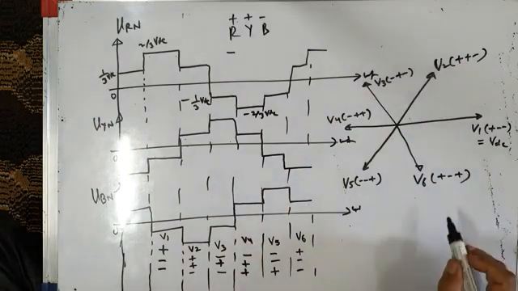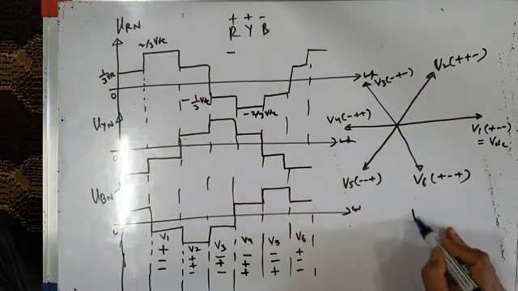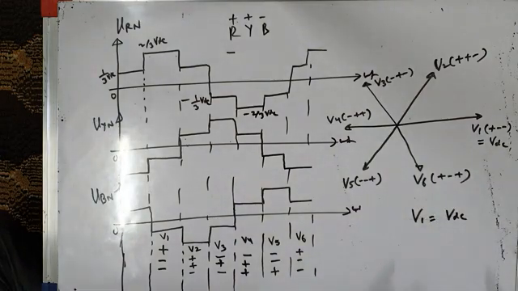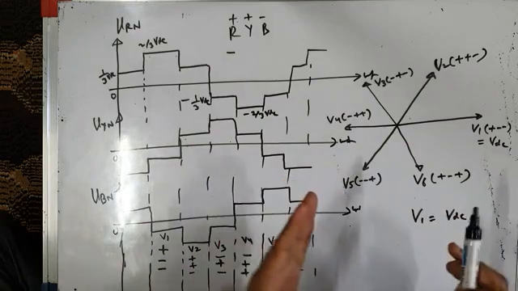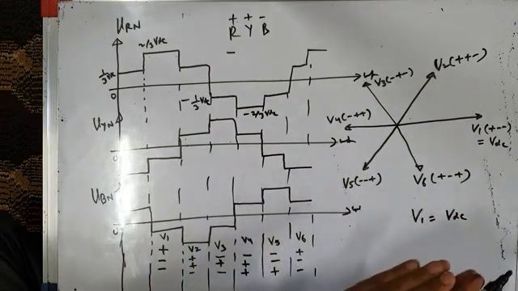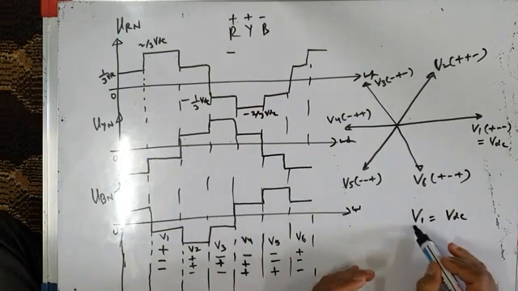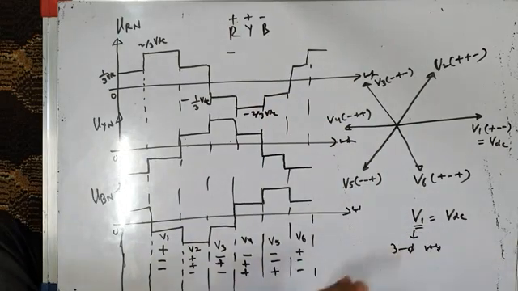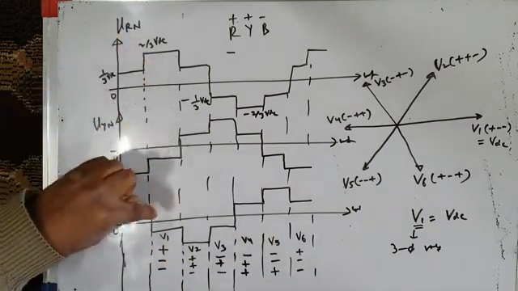And in the alpha beta reference frame we saw that the V1 switching state results in a vector V1 equal to VDC, which is along the alpha axis. That V1 vector actually represents, it is alpha beta, but when you transform alpha beta back to ABC, this V1 vector will actually represent three phase voltages. And what is the status of those three phase voltages? This is the status of the three phase voltages.